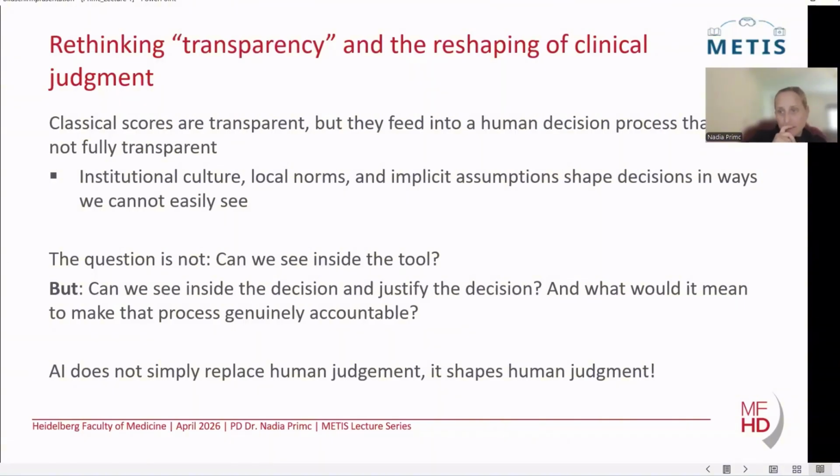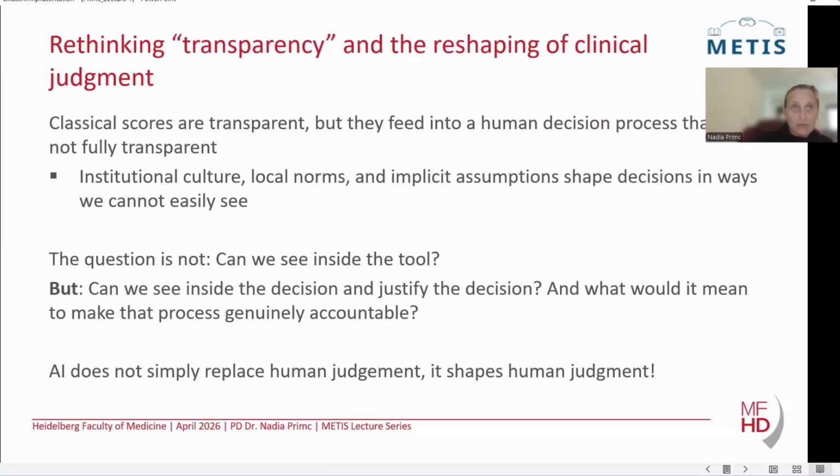But the study that I just described reveals an important limitation. Transparency about the tool we use to make clinical predictions is not the same as transparency about the decision. So a perfectly transparent scoring system feeds into a decision-making process that is itself shaped by factors we cannot see, that are not explicit.